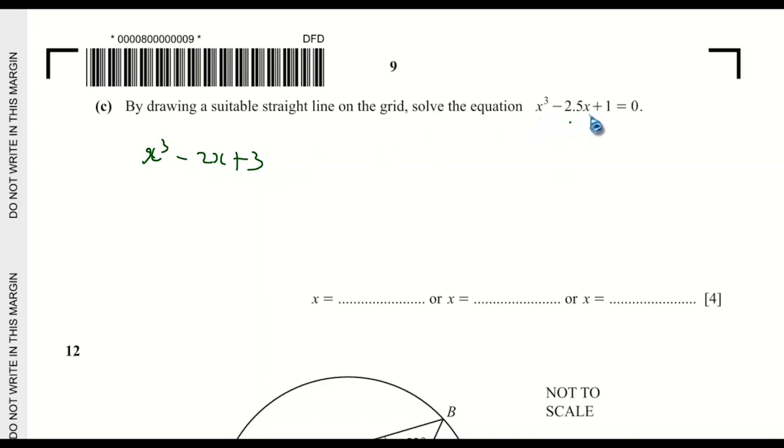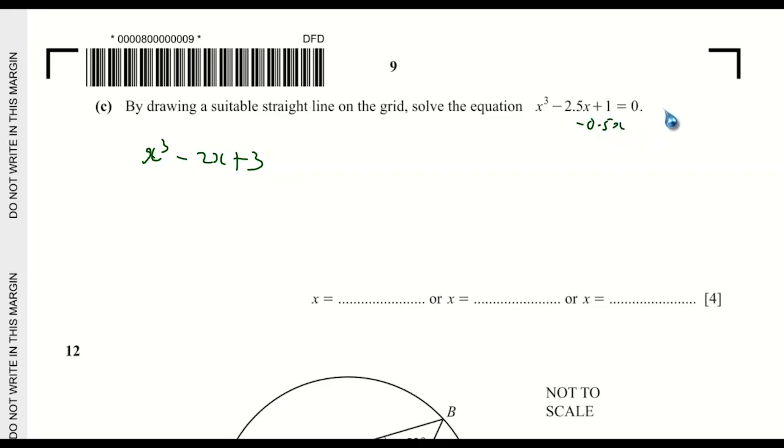If you look at what we have presently, we need to add 0.5x to both sides so that this negative 2.5x can become negative 2x.